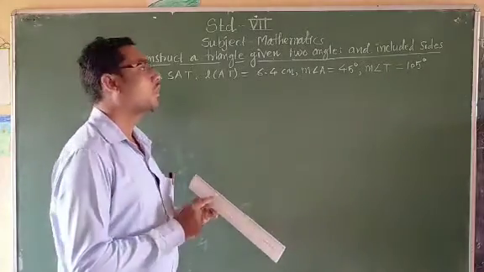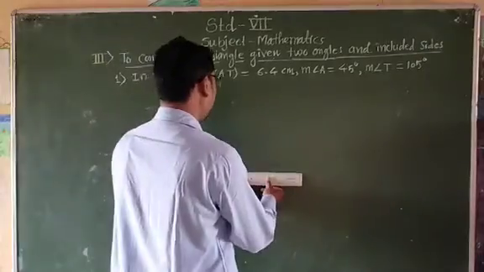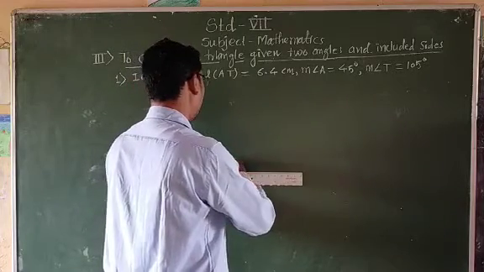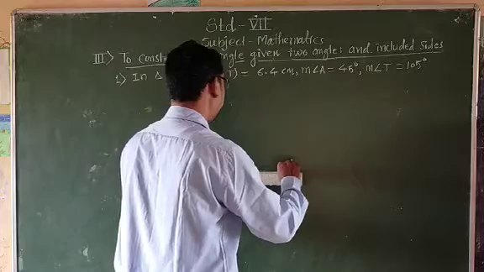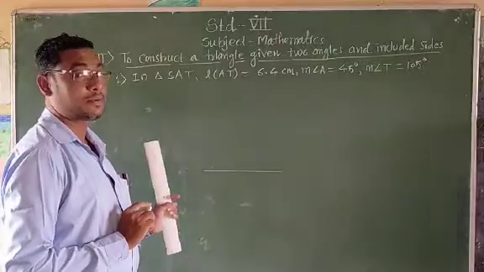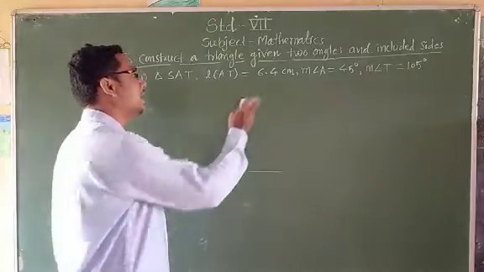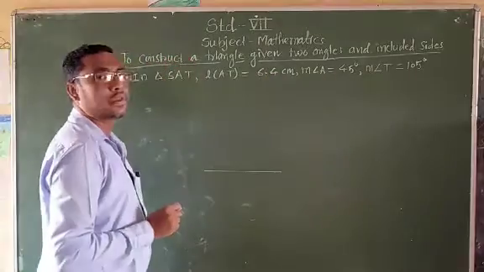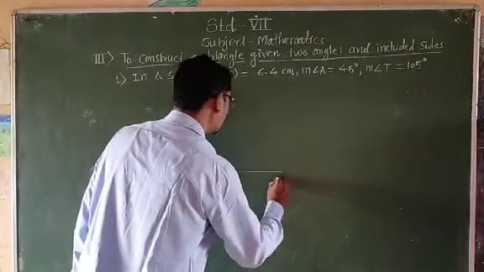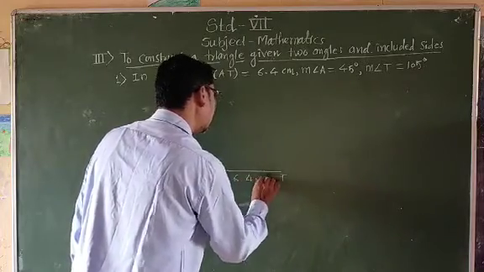Count the 4 lines means we get 6.4. I am not taking the exact measurement here, exact measurement घेतलेले नाही इथे. You have to take the exact measurement, that is 6.4. So AT is 6.4 centimeter.